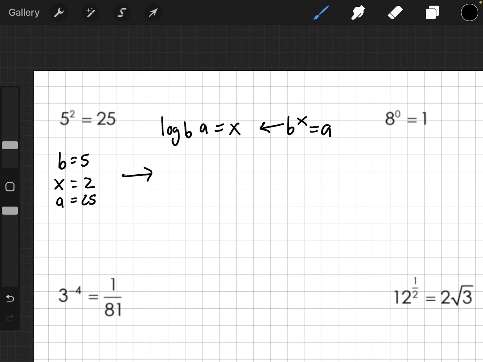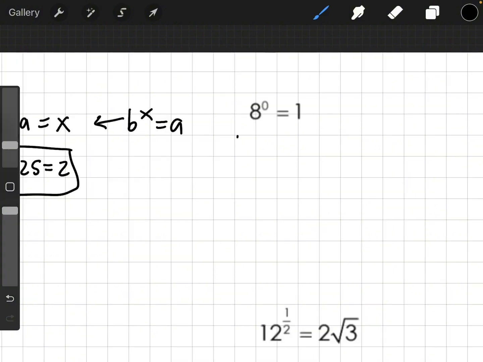Rewritten in this form, we have log base 5 of 25 equals 2. Next, b equals 8, x equals 0, a equals 1. So log base 8 of 1 equals 0.